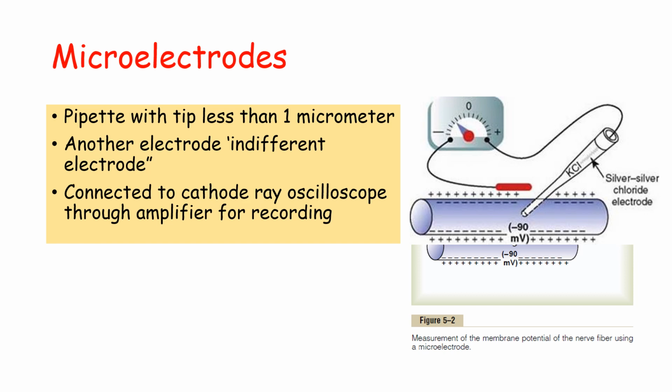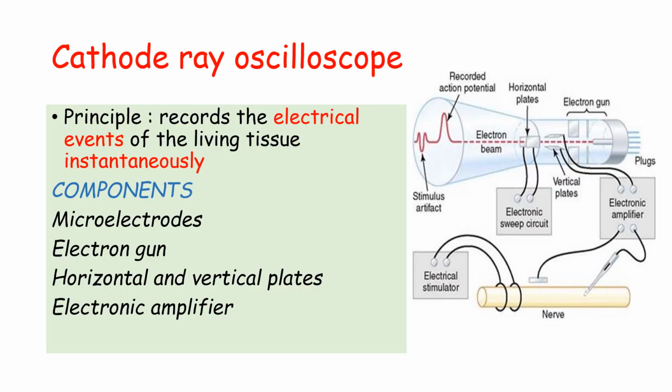The cathode ray oscilloscope, also known as CRO, records the electrical events of living tissue instantaneously. It has different components. It has a cathode, also known as an electron gun, and when it connects to the anode, it releases a series of electrons which pass through the oscilloscope and produce a recording on the fluorescent screen.